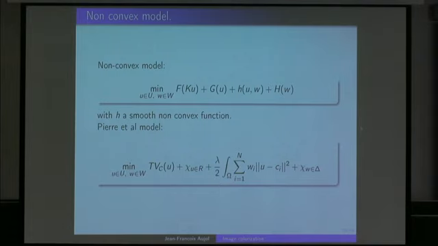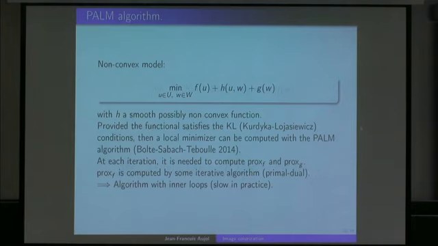We have tried hard to get a converging algorithm, and somehow we have one, but not a fast one. To get a converging algorithm, we can use the PALM algorithm, which was introduced by Bolte, Sabach, and Teboulle in 2014. They are interested in this functional where f and g are convex functions, and h is a smooth, possibly non-convex function.